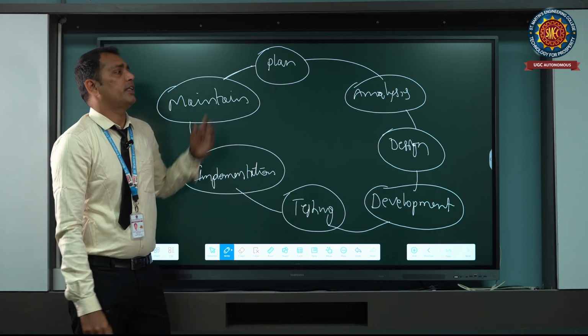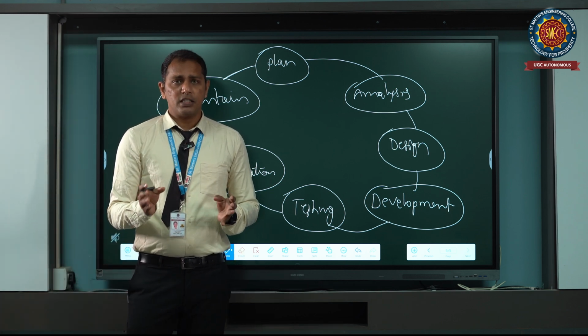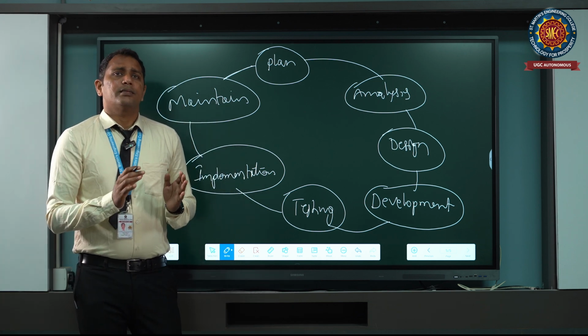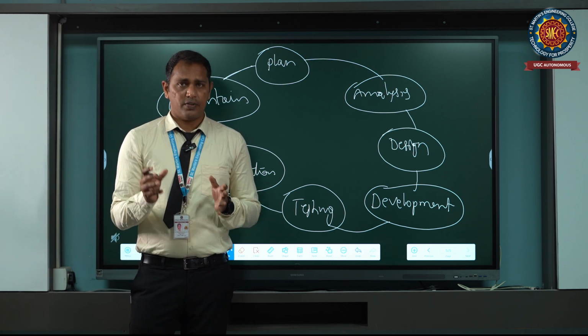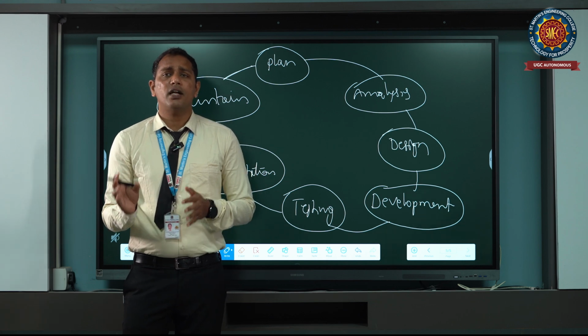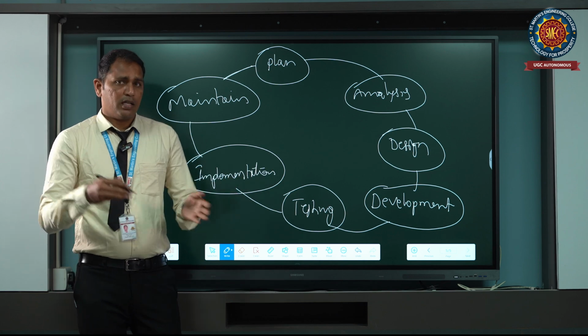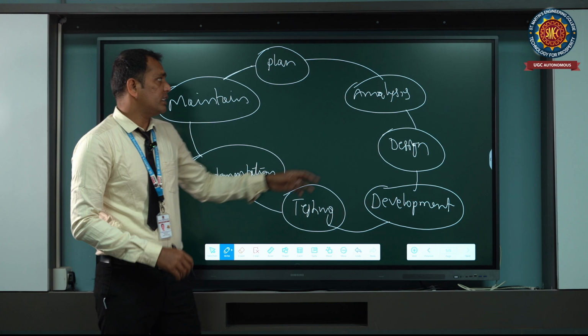First one is planning. When you have to develop software, the customer and programmer sit in a hall and discuss how to develop the software and what the user or company wants. According to that, the programmer plans for the customer or company. What is the analysis?